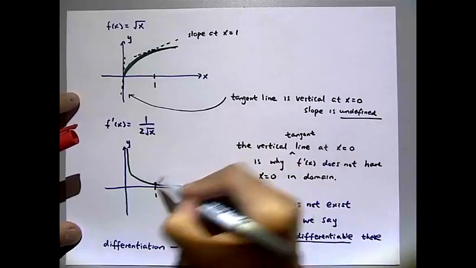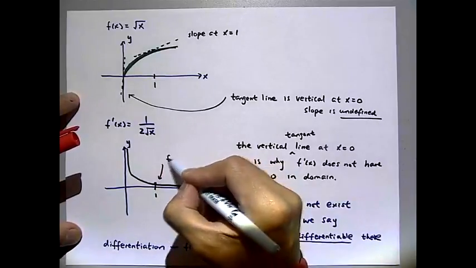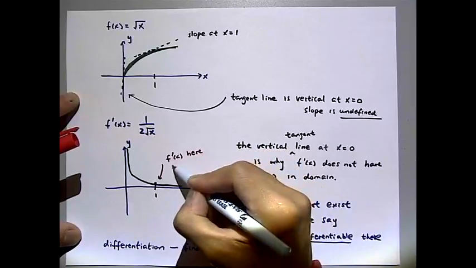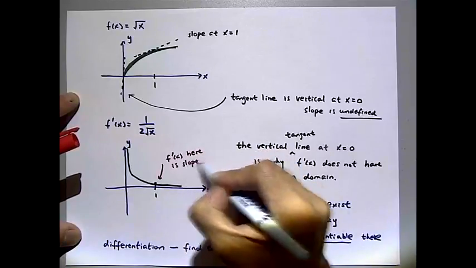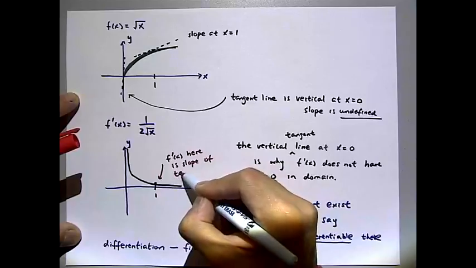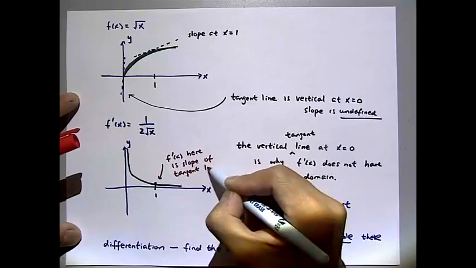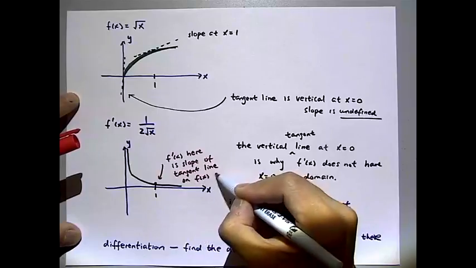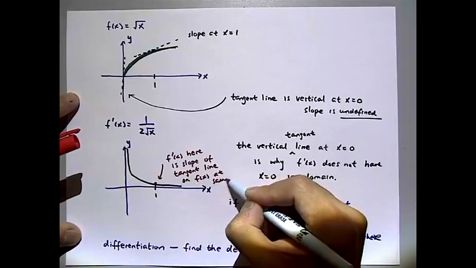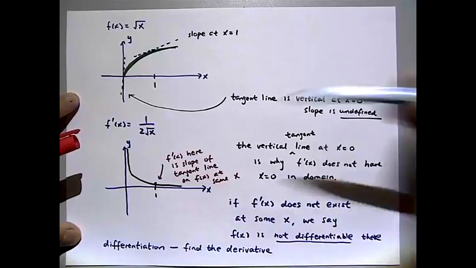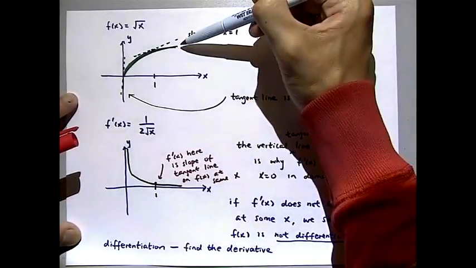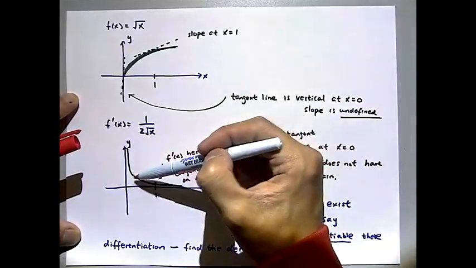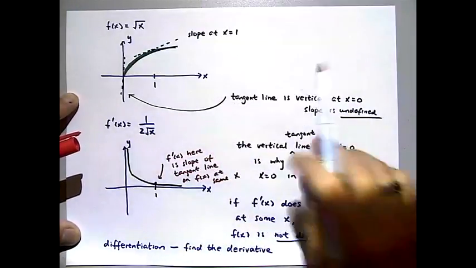So this value right here is the slope of the tangent line on f of x at the same value of x. This point right here represents the slope of the tangent line at that point. This point represents the slope of the tangent line at this point, and so on.